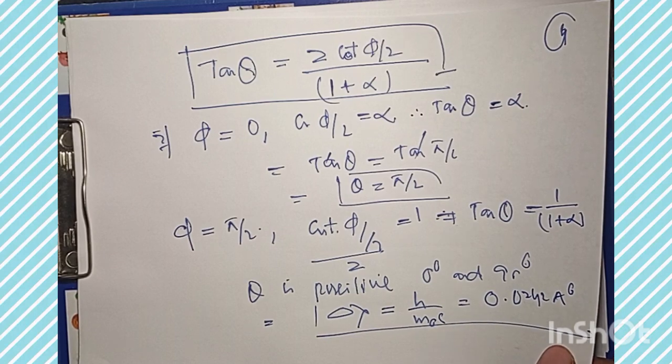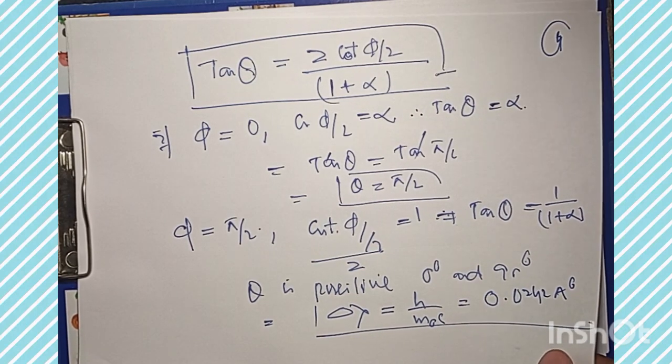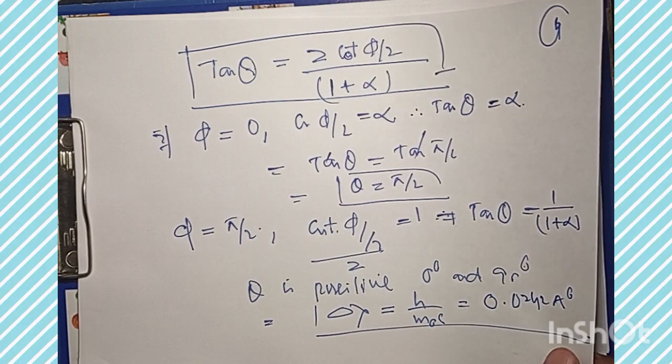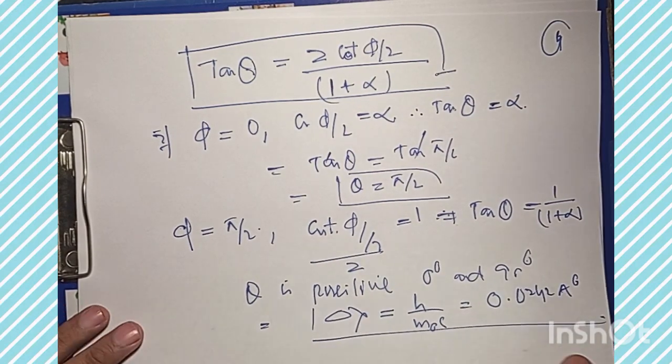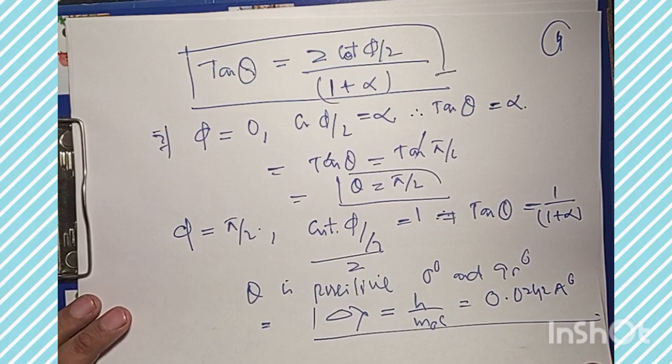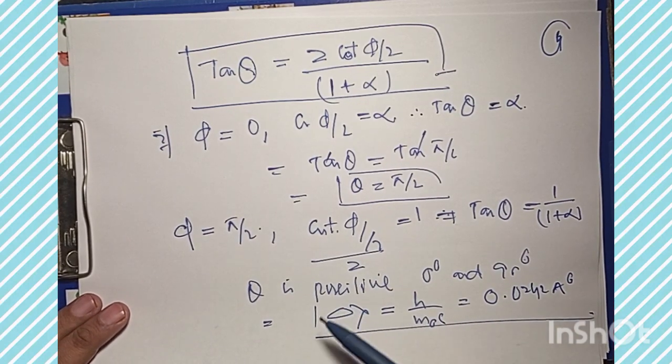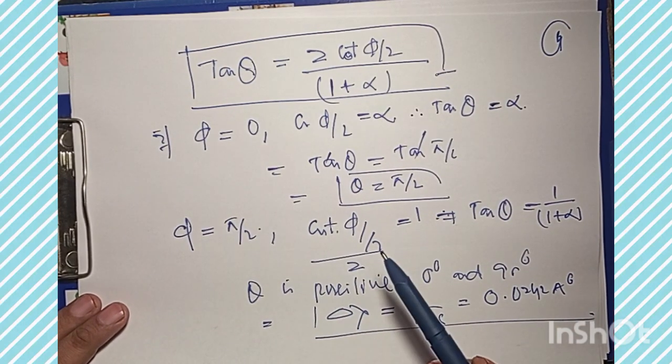Now, what does it mean basically is that the photon gets scattered, right? The photon gets scattered and moves at a right angle to the direction of incidence.